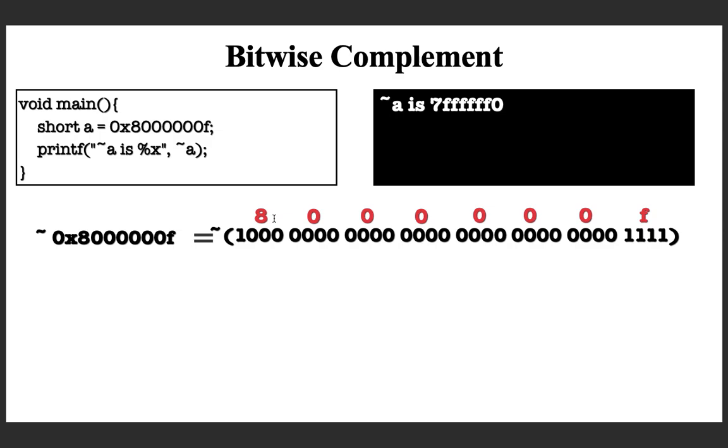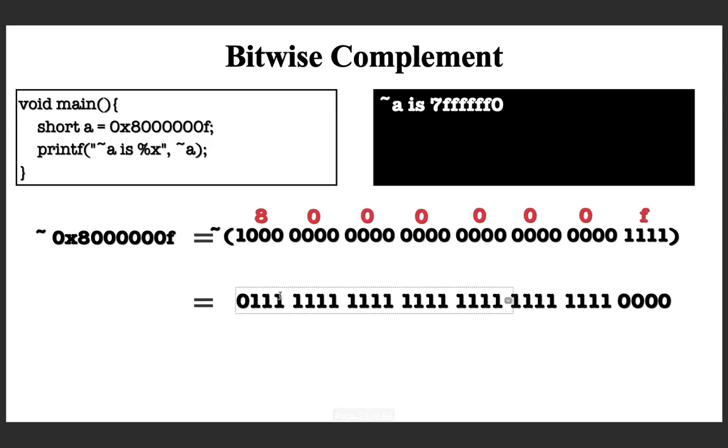Now what you have to do is complement it. Complement means each binary bit needs to be flipped, 1 to 0 and 0 to 1. If you do that, you will get it. It's very easy. 1 to 0 and 0 to 1 is what we did. And if you look at the hexadecimal equivalent, this is the value. This is 7, then all these are F and 0. And this is exactly what we are getting printed here.